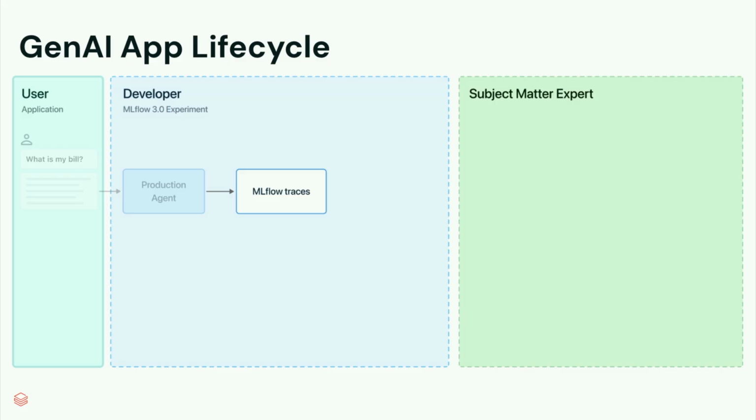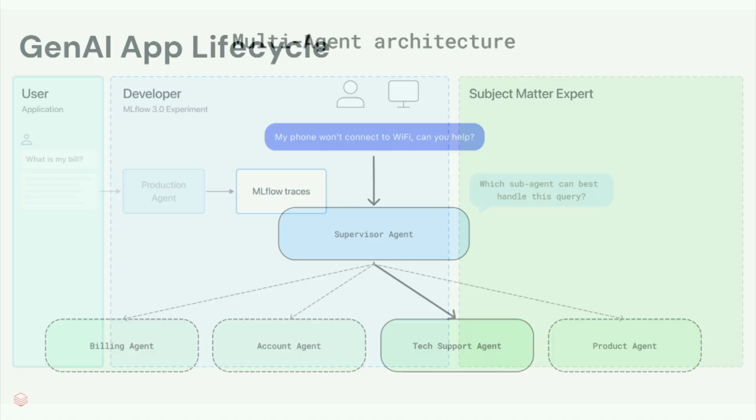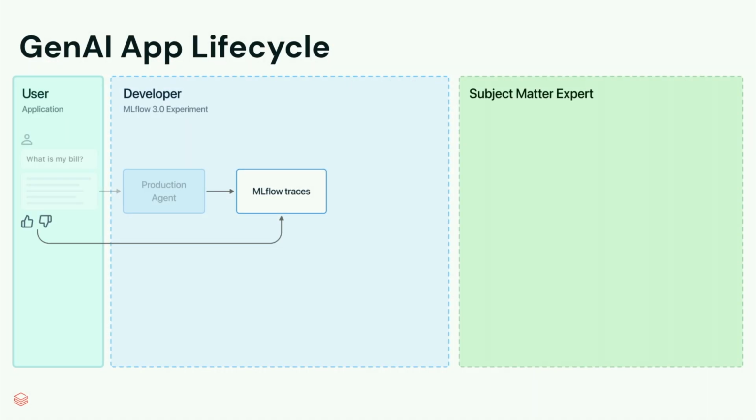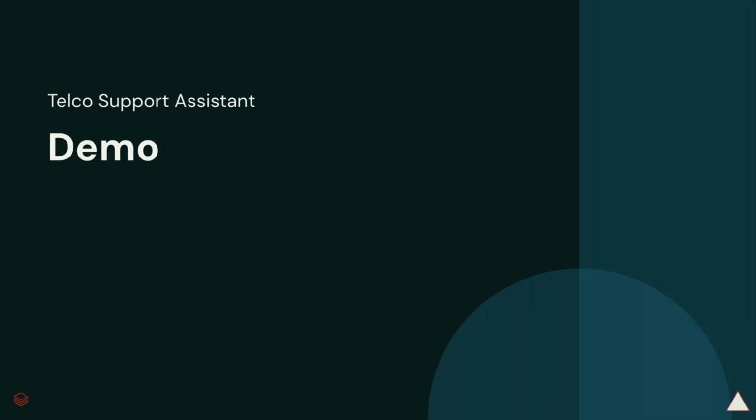MLflow tracing will give us the observability into that decision making that we just saw on this previous slide. Okay, so that's the setup. We are also going to show you how you can use user feedback with thumbs up and thumbs down to log them into MLflow traces so we have this nice starting point to find problems. Okay. So with that, I will hand it to Samraj. All right, demo time. All right.